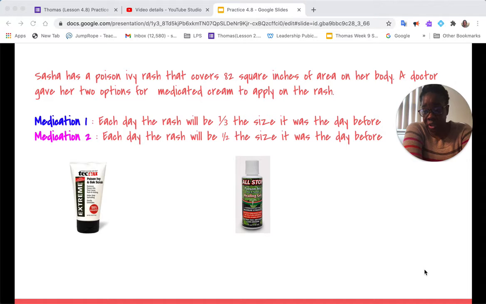So our question is to find out which medication reduces the rash more quickly. And we're also asked to write the equation for each medication.